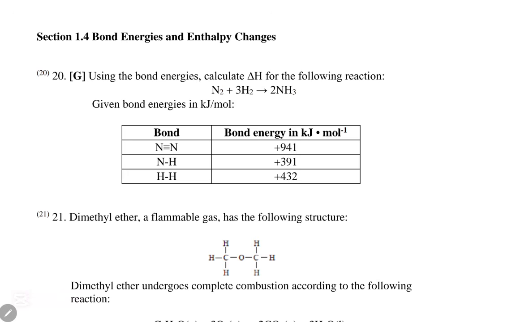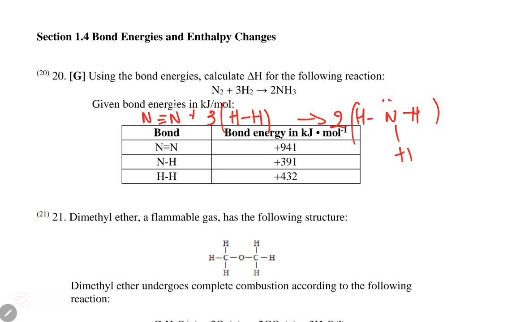So for question 20, I always prefer to draw what we have. So we have N triple bond N. You guys should know how to draw it by now. Then we have 3 times H single bond H, will give us 2 times NH3, like this. Perfect.